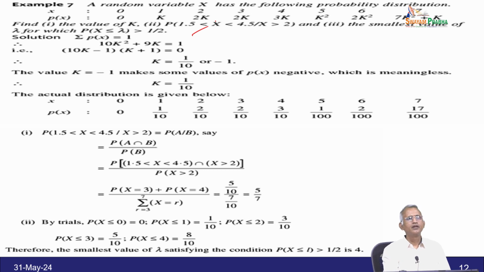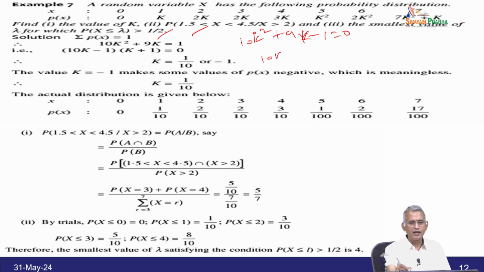Now, the total probability value is 1. Therefore, simply add 0, k, 2k, 2k, 3k, k square, 2k square, 7k square plus k. Therefore, we have 10k square plus 9k equal to 1. So, 10k square plus 9k minus 1 equal to 0.